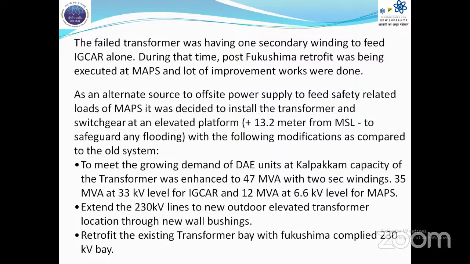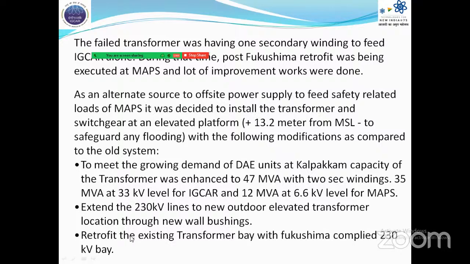The following modifications were made compared to the old system. The old transformer is 47 MVA, and the new transformer is also 47 MVA with 2 secondary windings: one is 35 MVA at 33 kV level for IGCAR and 12 MVA at 6.6 kV level for MAPS. The second is that the transformer is to be installed outdoors on an elevated platform of 1.6 meter height. The 230 kV lines available inside the transformer bay have to be brought out, which is another modification.